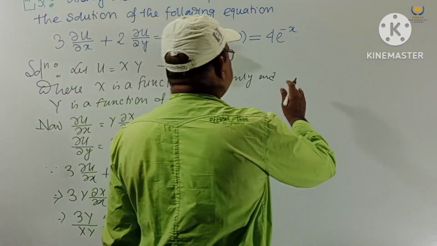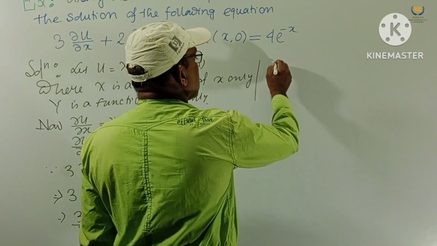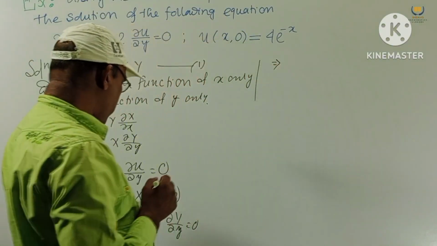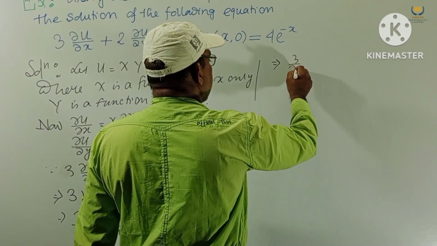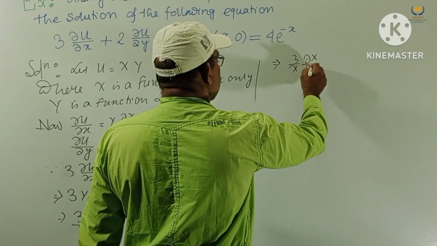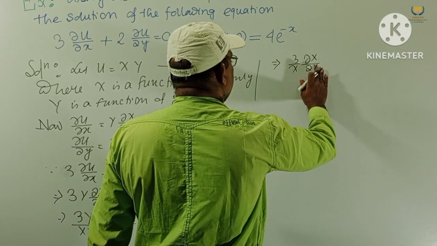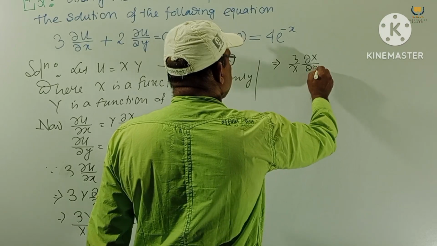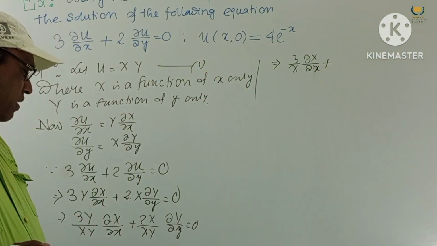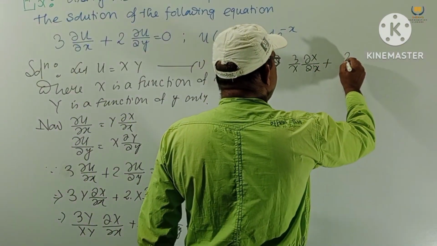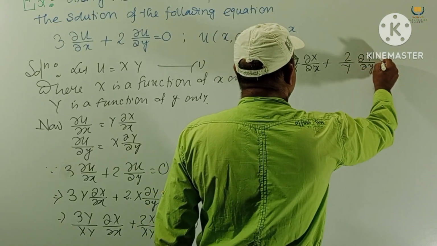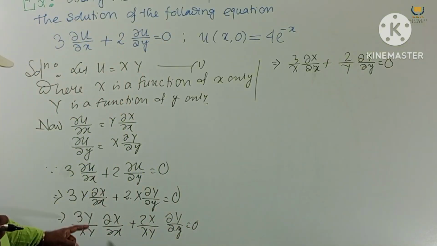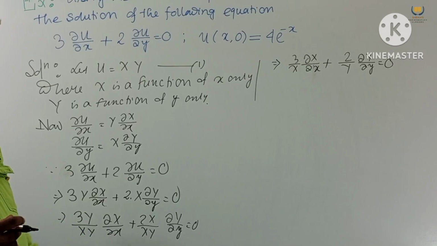This implies the Y cancels: 3 by X, X prime, plus 2 by Y, Y prime equal to 0. So here Y cancels, 3 by X, and X cancels, 2 by Y.